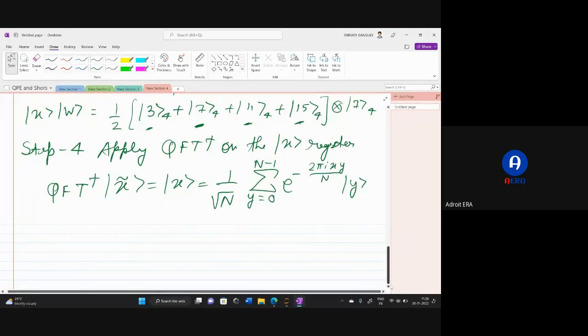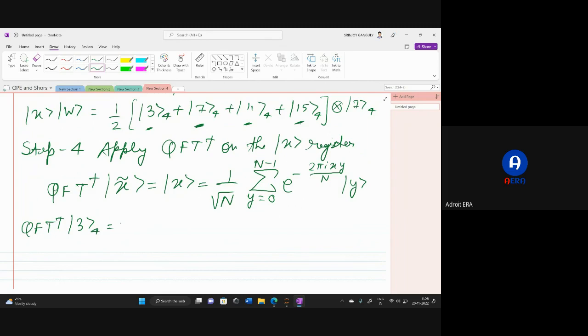Nothing very big, just applying. So QFT dagger will be applied to 3, and therefore what we are going to get is 1 upon square root 16 summation y is equal to 0 to n minus 1 e to the power minus 2 pi i 3y divided by 16 ket y.